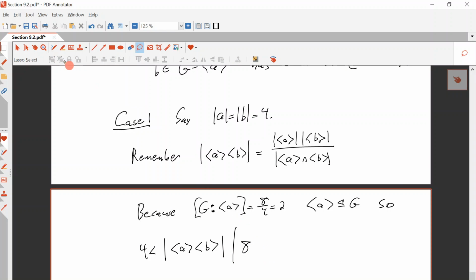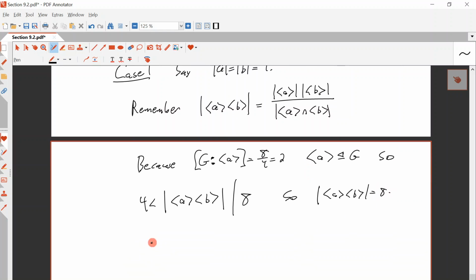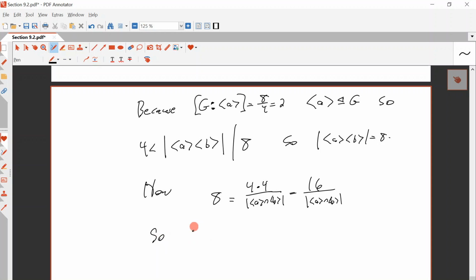So it's got to be 8. Right? So 8 is equal to 4 times 4 over the order of the intersection. So that's 16 over the order of that intersection. So the order of the intersection is 2.